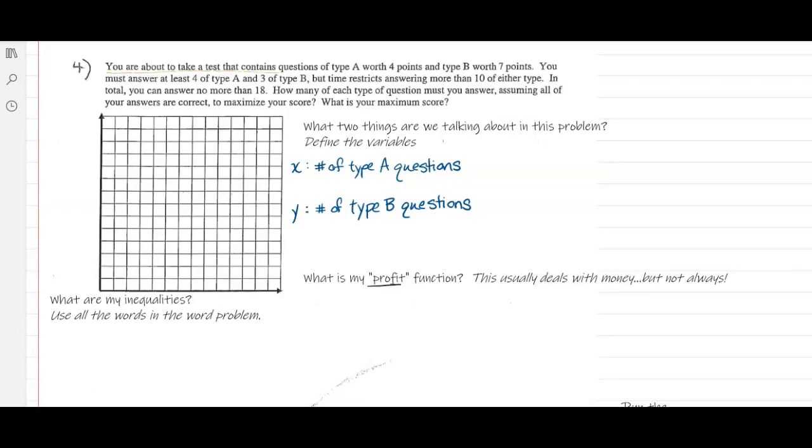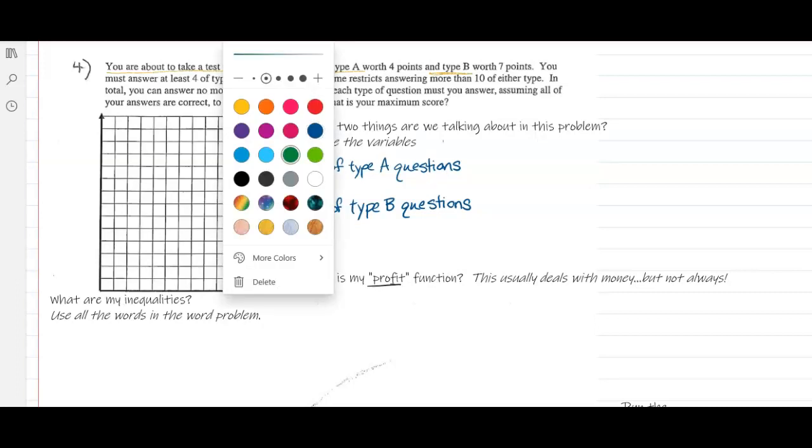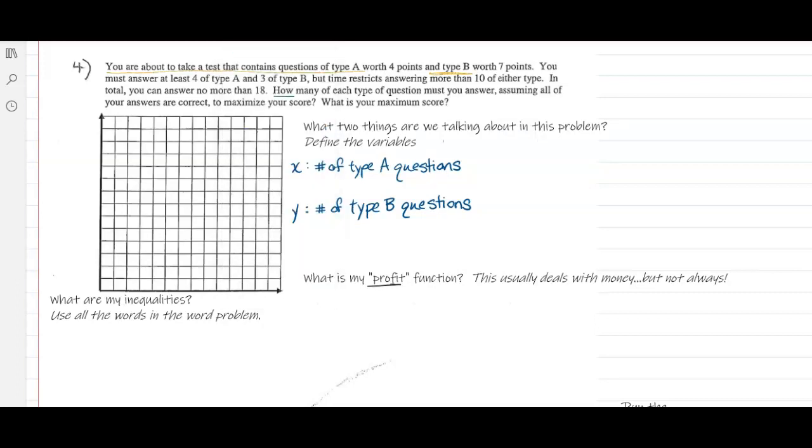You are about to take a test that contains questions of type A and type B. Now, I stopped underlining there for a very good reason, because I know that how many of each type of question must you answer correctly to maximize your score? Think about how you compute your score. Think about every test or quiz you've taken. You take the number of points that you get for each problem and add them up.